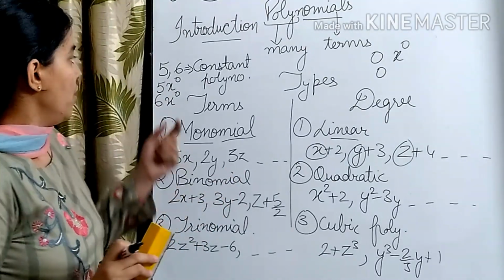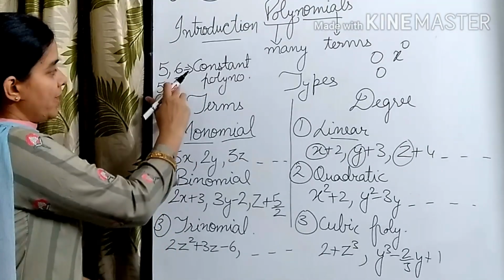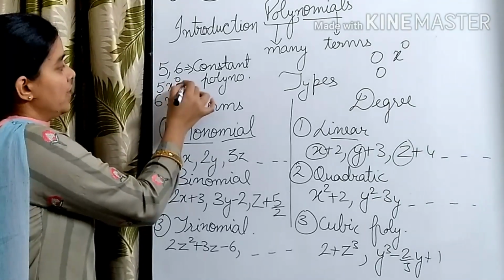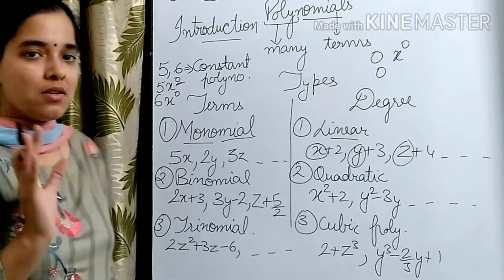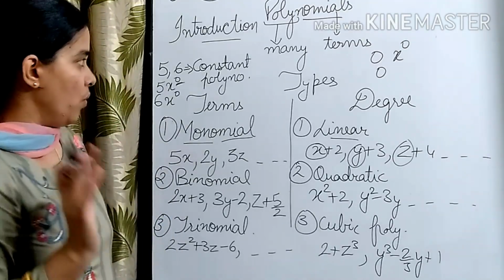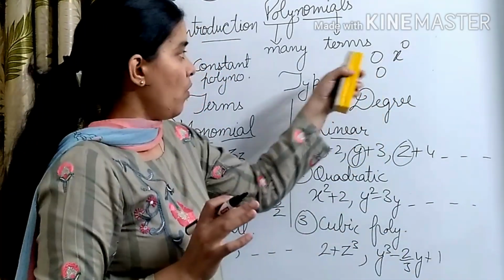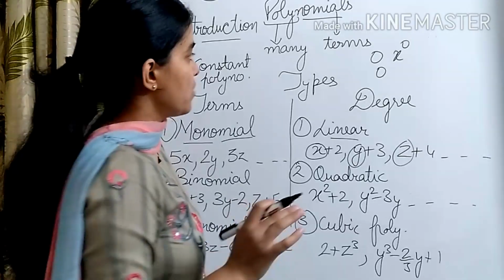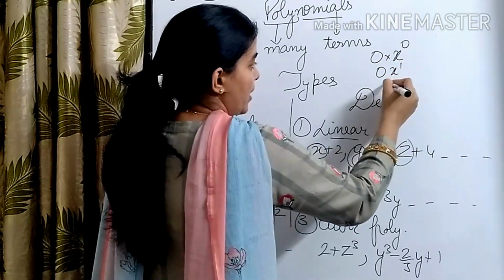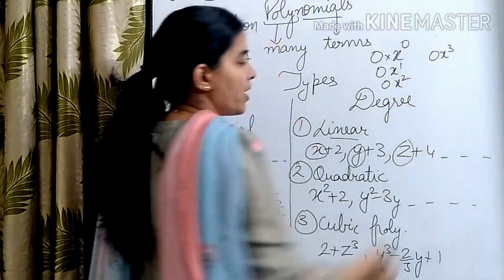Now the second thing, what is the degree of a constant polynomial? Because we are multiplying here with x raised to the power 0, that is why the degree of the constant polynomial is 0 always. Constant polynomial has the degree 0. In the case of 0 polynomial, we don't know by which number we are multiplying it, because by whatever number you multiply, it will become 0.